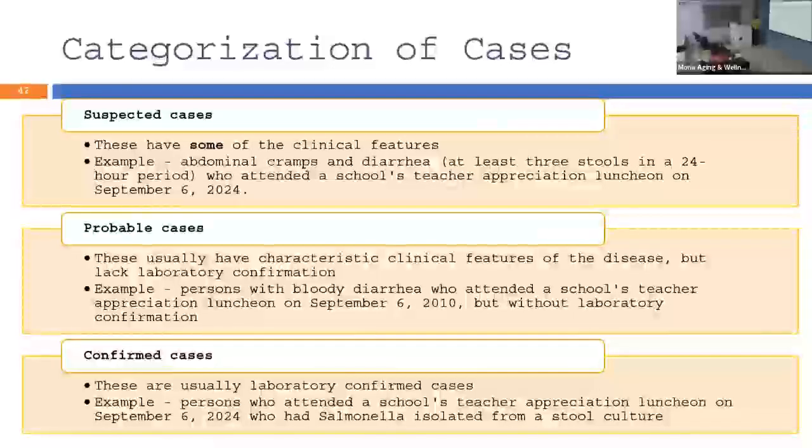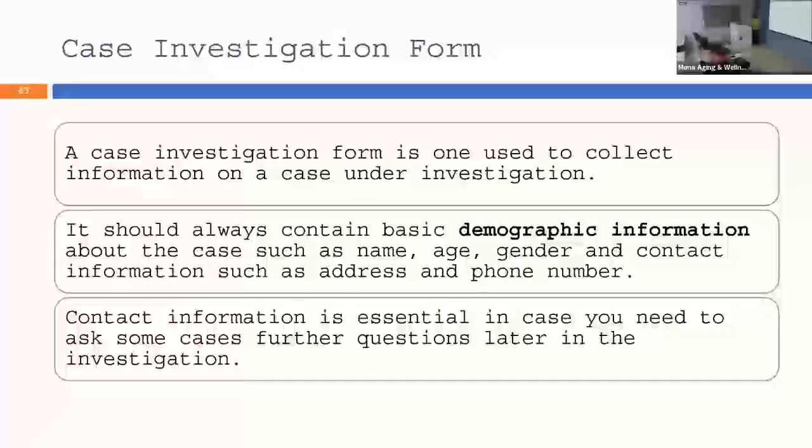And it is in that order based on how sure we are that this is a case of a specific disease. And it could be lab, it could be clinical alone. All right, and we have standardized forms, the case investigation form that will have demographic information. We have contact information. If we need more data, we contact them.